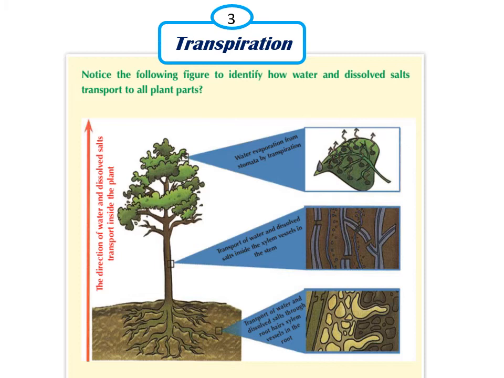This means that without transpiration, the plant cannot raise water and minerals, so it will be unable to make photosynthesis process. As a result, it will die.